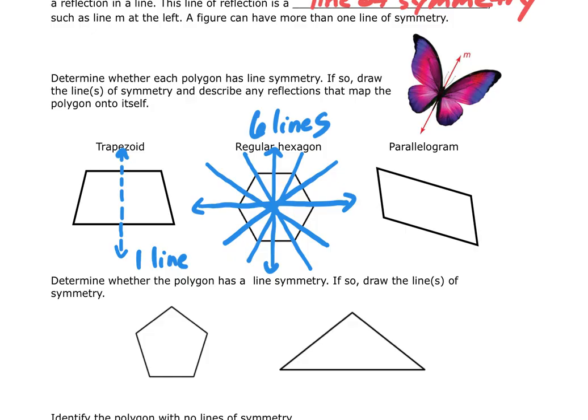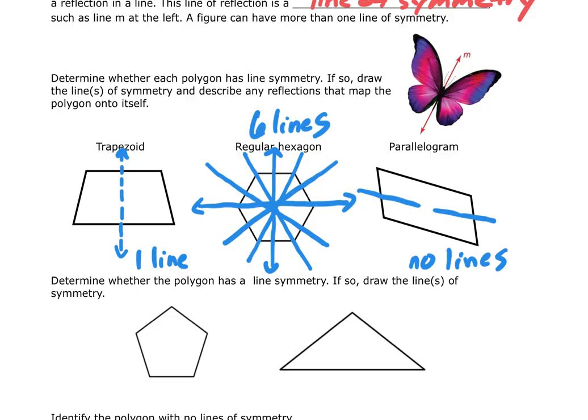Because it has slanted sides, that doesn't work. Does it work going this way? If I were to reflect this line over this, it would land up here, and this one reflected over would land down here. So what do you think we would say about this parallelogram? No lines of symmetry. You don't get to say undefined for this one.